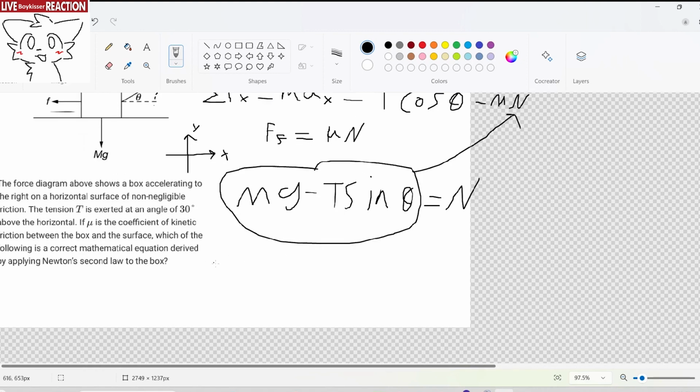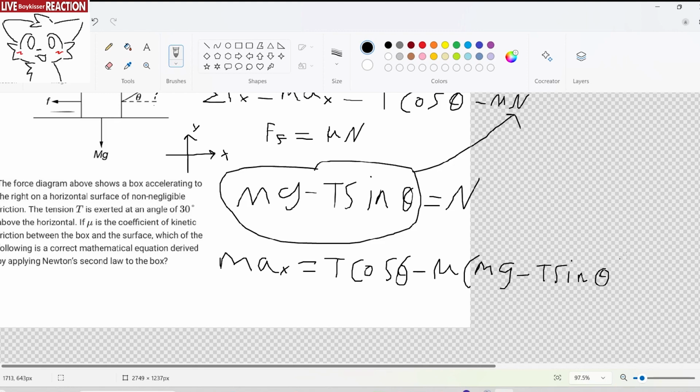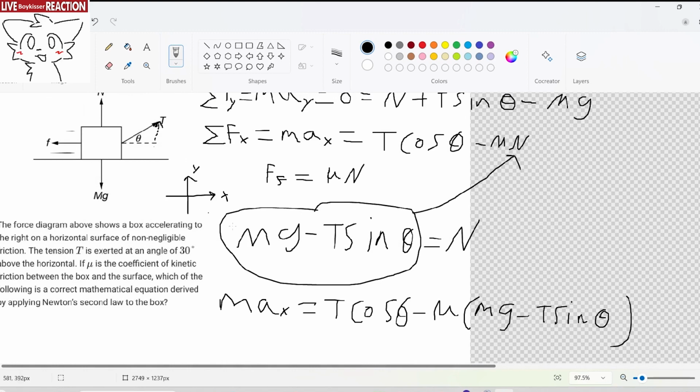So ax equals T cosine theta minus mu times (mg minus T sine theta). And actually the question doesn't state it, but we have to solve for acceleration on the horizontal axis.